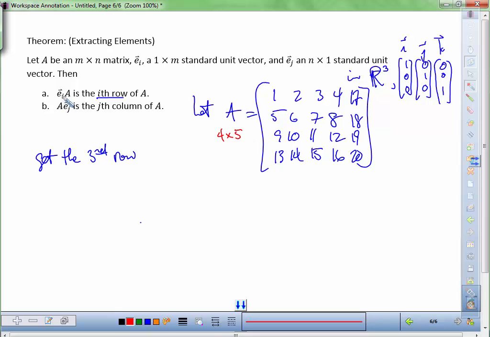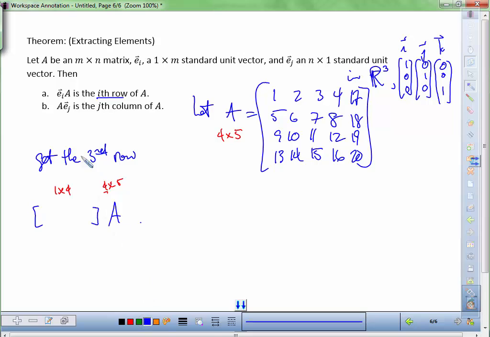Now, if I want a vector or a matrix to be multiplied on the left side of A, which is a 4 by 5, do I want a row vector or a column vector to multiply over here? A row vector. So a row vector is a 1 by how many columns do I want? 1 by 4, because I want it to match with the number of rows in the matrix.